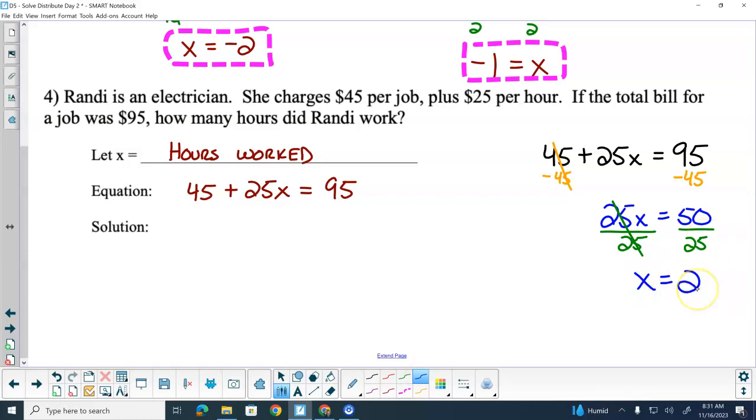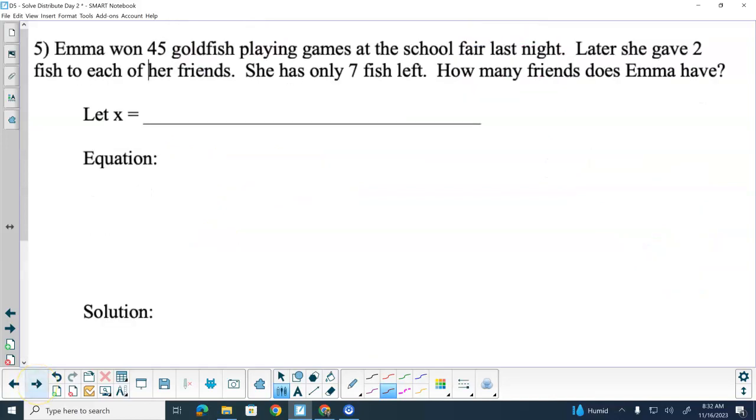But what is our final answer? 2 hours. Because it's a word problem, we like labels with our answers. Because x was hours worked, she worked 2 hours. Okay? Good times.